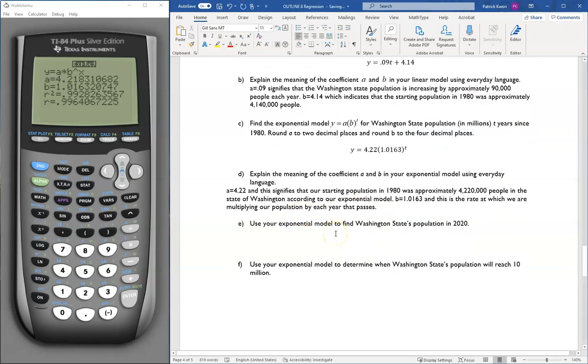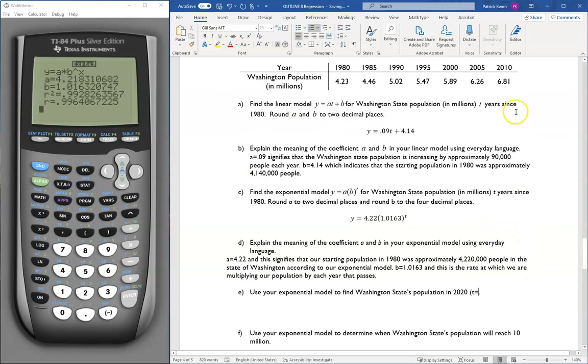Okay, so part E says use your exponential model to find Washington State's population in 2020. We want to figure out, that is the same thing as saying t equals, so if 2010 is t equals 30, then 2020 would be t equals 40.